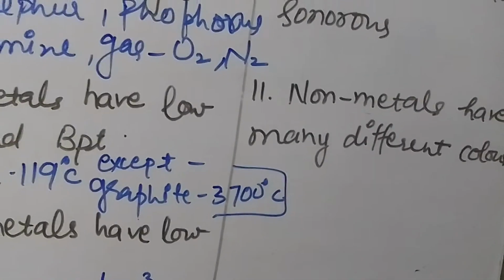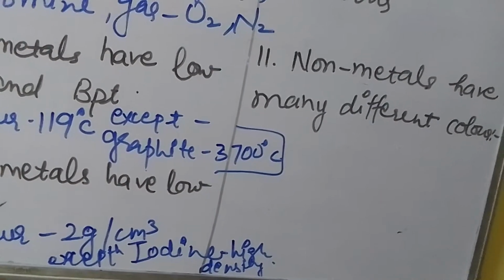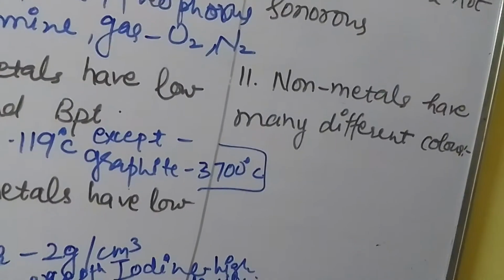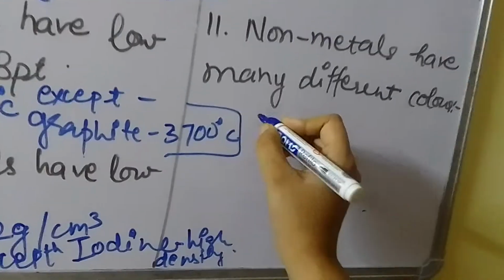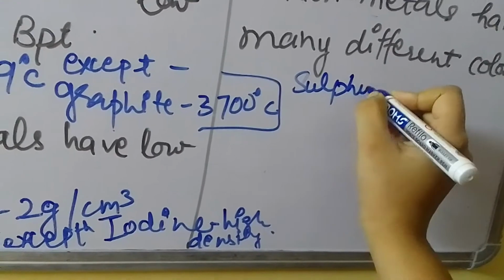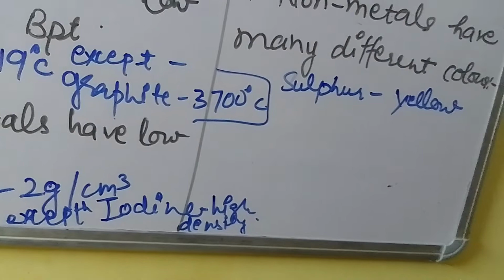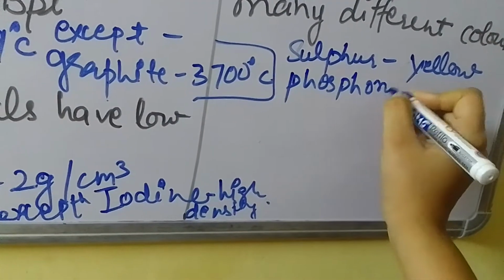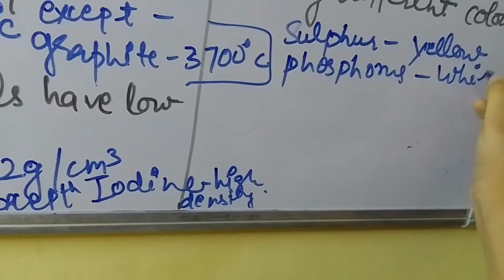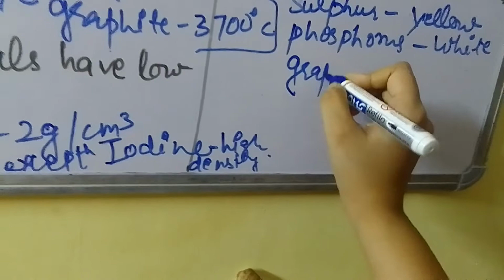Okay, so let's take another property. Non-metals have many different colors. Sulfur is yellow, phosphorus is white or red in color, and graphite is black in color.